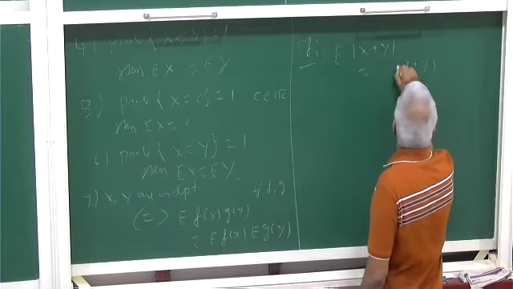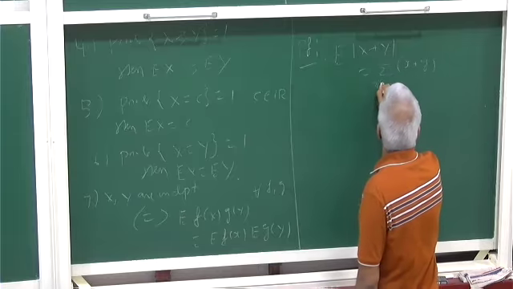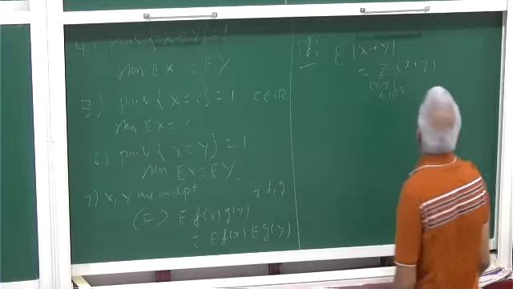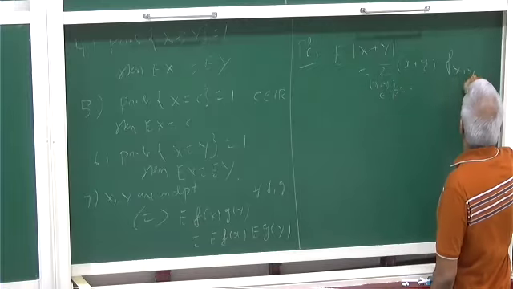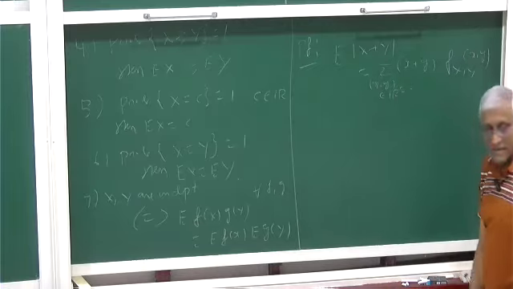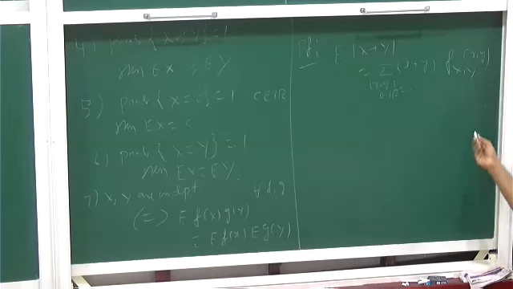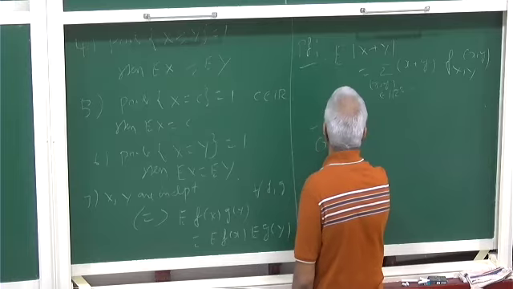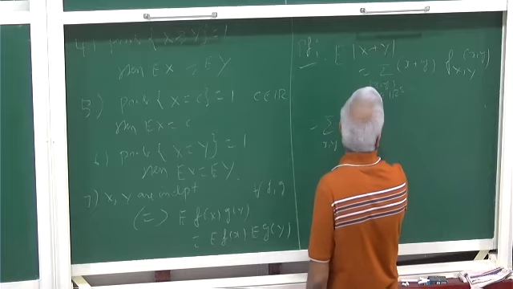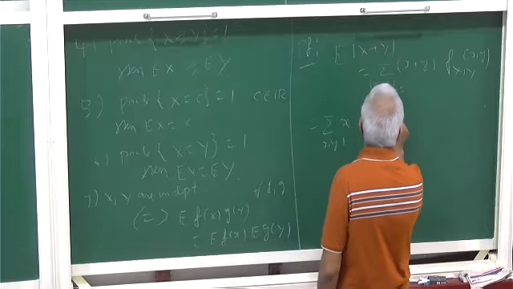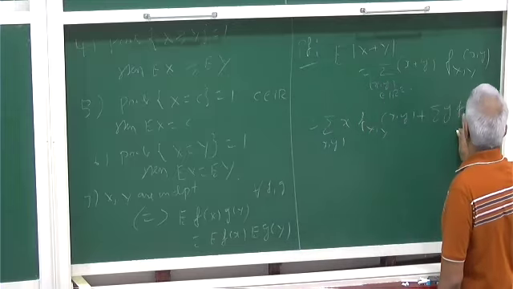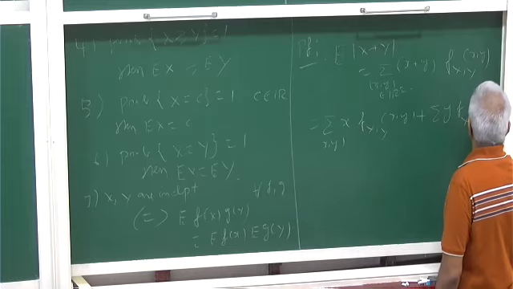Y, the summation is over (x, y) in R2 of |x + y| f(x, y). Now, this is just the summation of |x| f(x, y) plus the summation of |y| f(x, y).